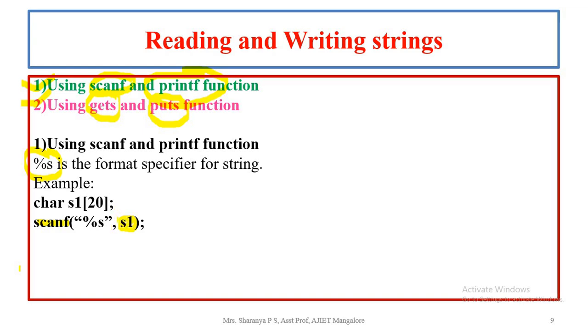Why is the ampersand symbol not mentioned? Because S1 by default holds the first address of the string. As we observed previously, S1 will contain the first memory address, say 1020, and 1020 is referred to by S1. So we need not explicitly mention the address, because it is a character array.